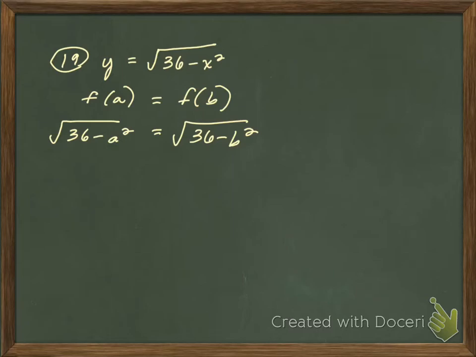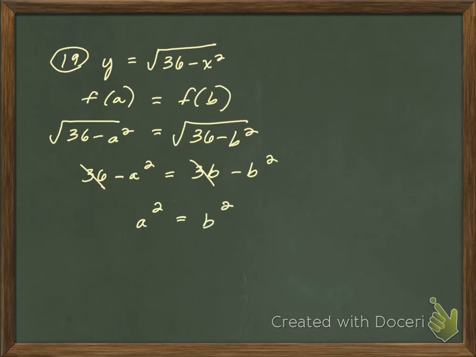We square both sides. We get 36 minus A squared equals 36 minus B squared. The 36 subtracts out, and you can divide both sides by a negative, so you end up with A squared equals B squared.